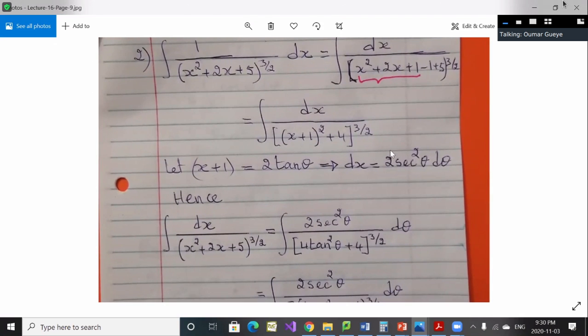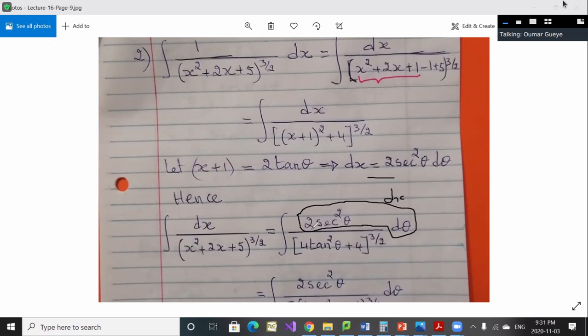As you can see, dx is 2 secant squared theta d theta. All this is dx.